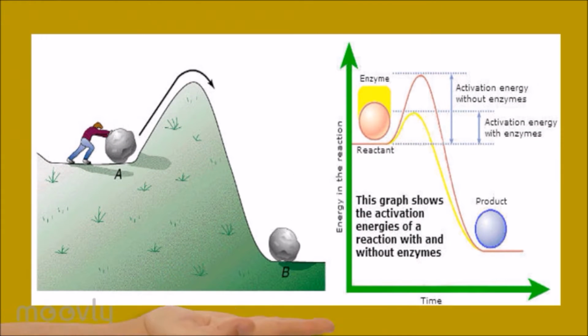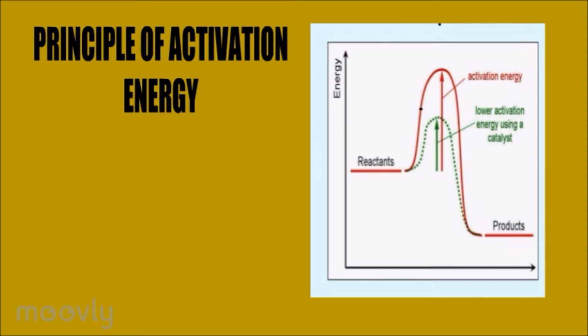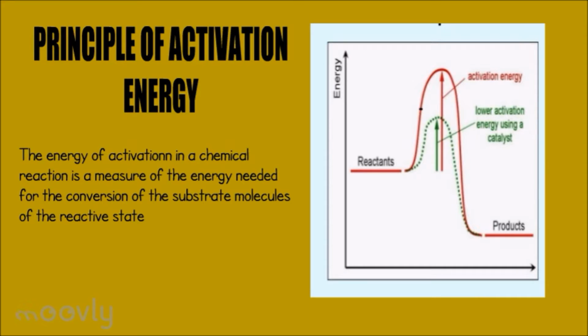This graph merely shows the activation energies of a reaction with and without enzymes, and it is being compared to a person pushing a rock up a hill. The energy of activation in a chemical reaction is a measure of the energy needed for the conversion of the substrate molecules to the reactive state, which means that enzyme catalysts are more efficient in lowering the energy of activation.